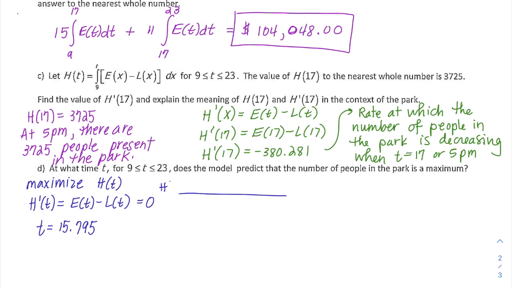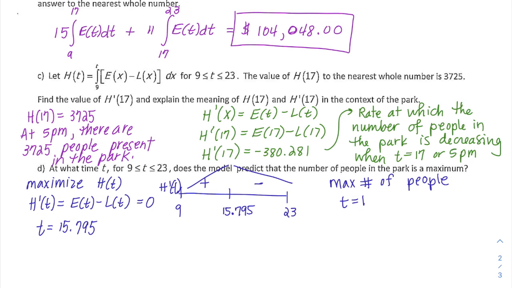So what we have then is h of t. H prime is going to be positive before 15.795 and negative after, which means we're going from increasing to decreasing. So our maximum number of people will be at t equals 15.795.